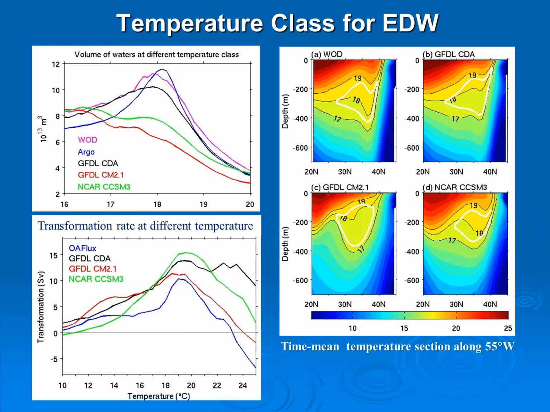Maybe you said it, but in the lower panel, how did you compute the transformation rate, or what does it mean physically? I just don't know how it is calculated. Which one?